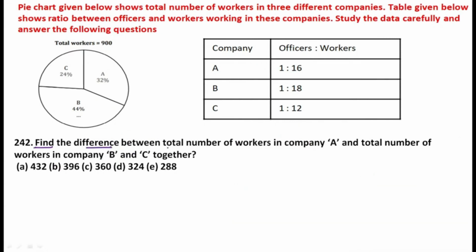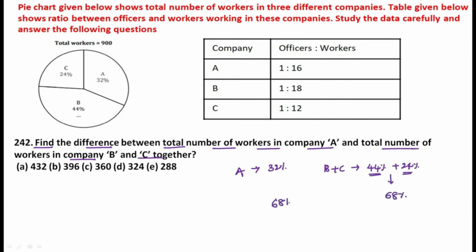Find the difference between total number of workers in company A and total number of workers in companies B and C together. So for this question, the A value is exactly equal to 32%. You have to calculate the difference in the workers. And B plus C is exactly equal to 44% plus 24%. Now the value becomes 44 plus 24 is equal to 68.